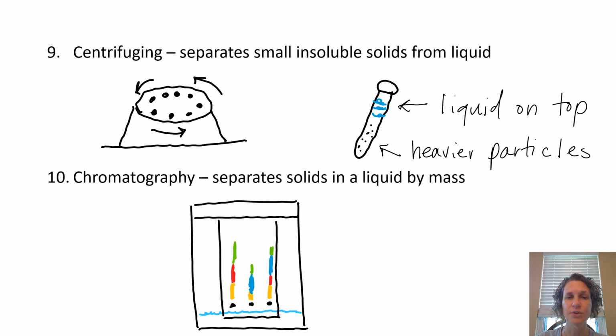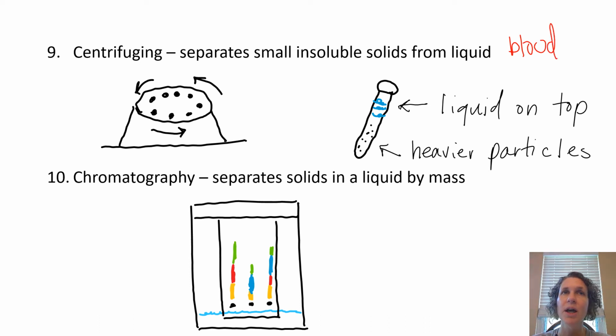Okay, centrifuging. So this is a little bit more complex. This is where you separate small insoluble solids from liquids. Very often, if you've ever had blood drawn, in their lab you might see a little machine, a little centrifuge. It basically spins test tubes at high speeds.